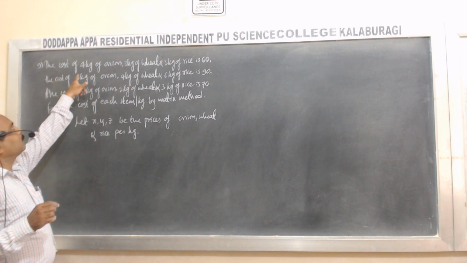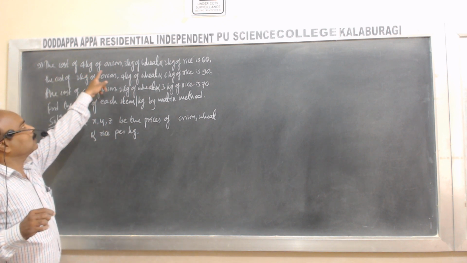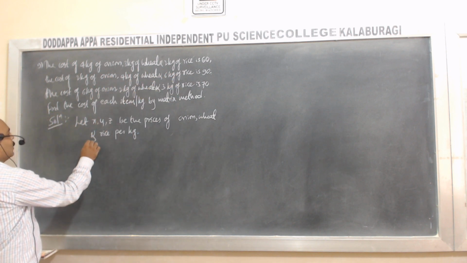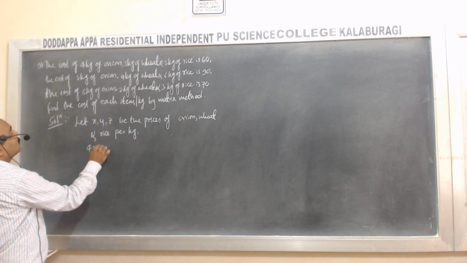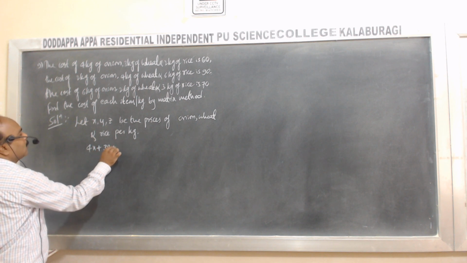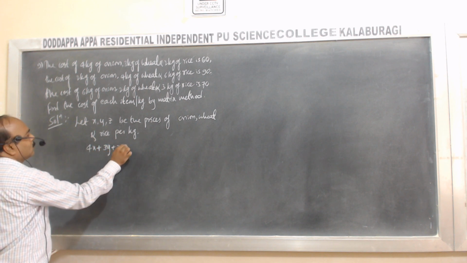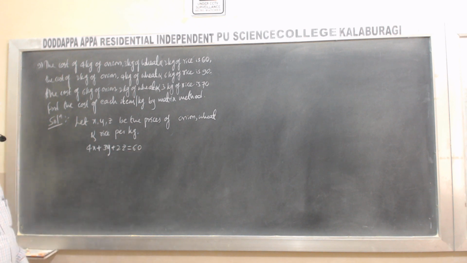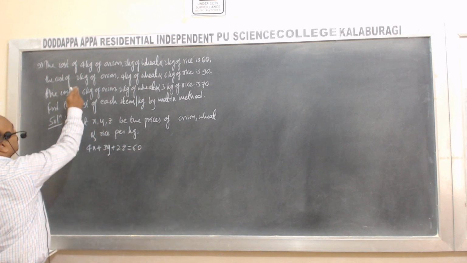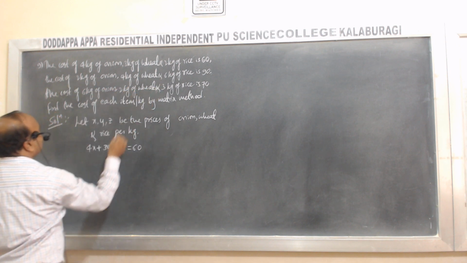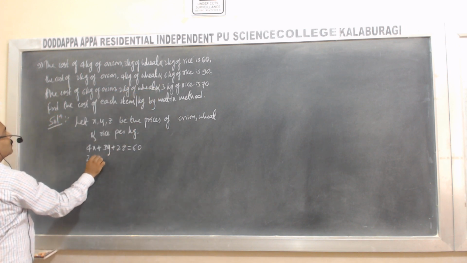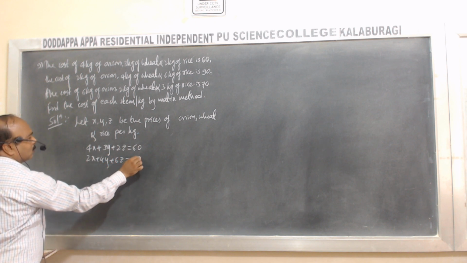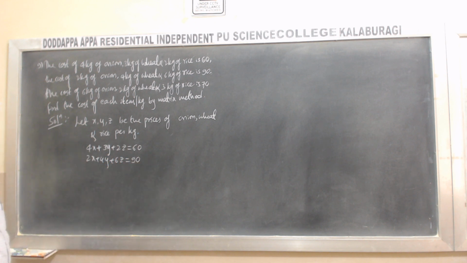Now it is given first 4 kg of onion, 3 kg of wheat and 2 kg of rice. According to this we get 4x plus 3y plus 2z equal to 60. Similarly, second equation, it is 2 kg, 4 kg, 6 kg, means 2x plus 4y plus 6z equal to 90.